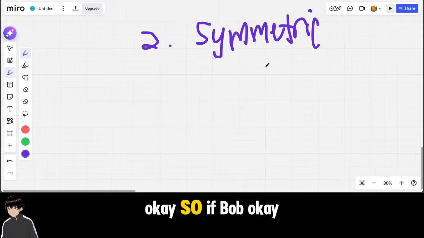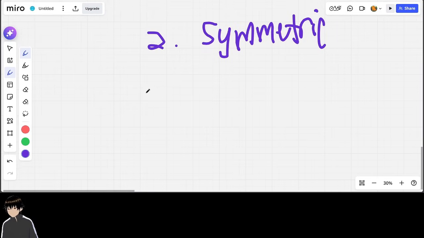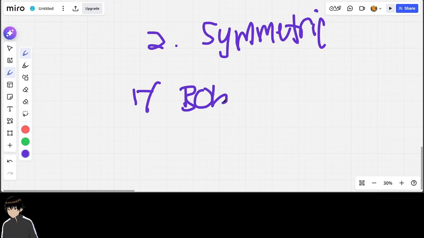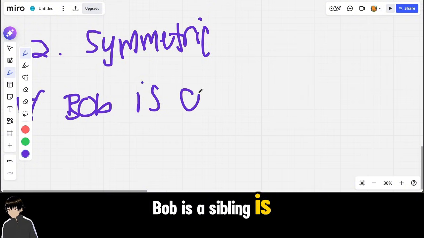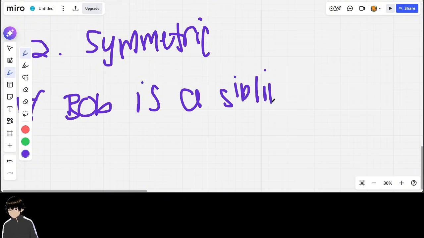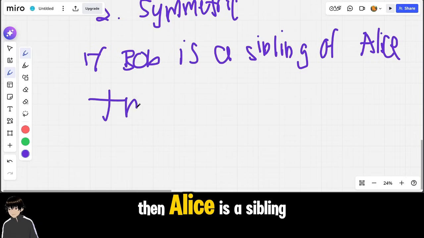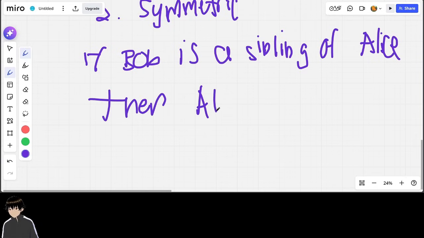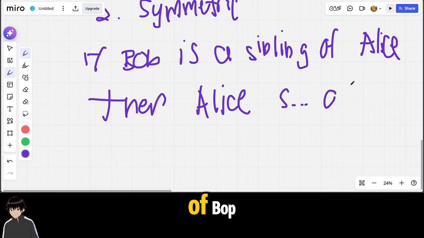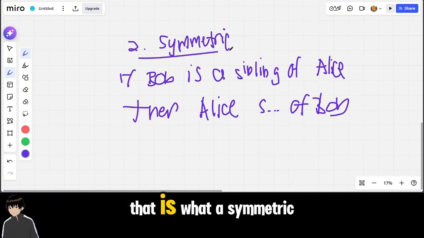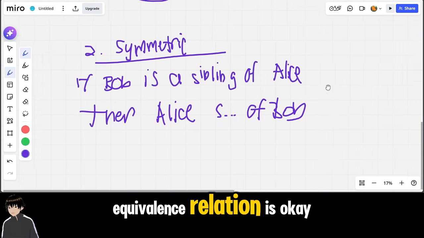So let's say if Bob is a sibling of Alice, then Alice is a sibling of Bob. That is what a symmetric equivalence relation is.